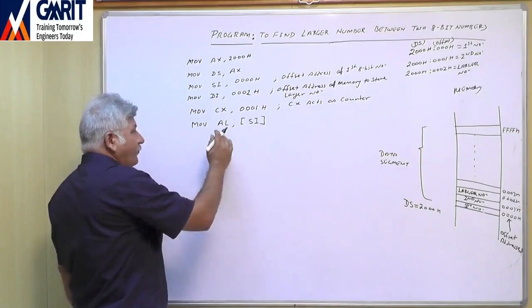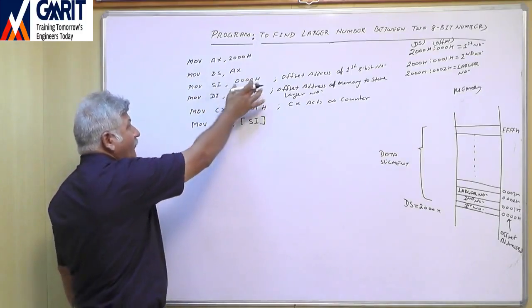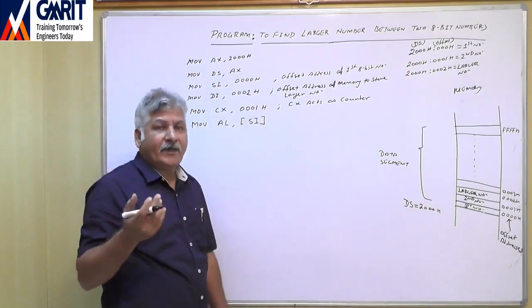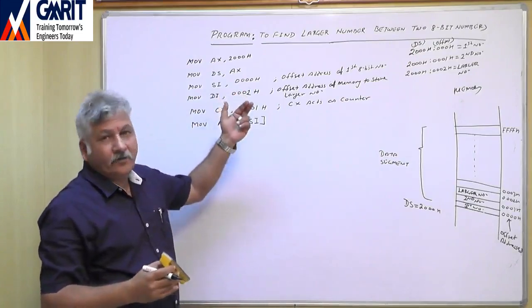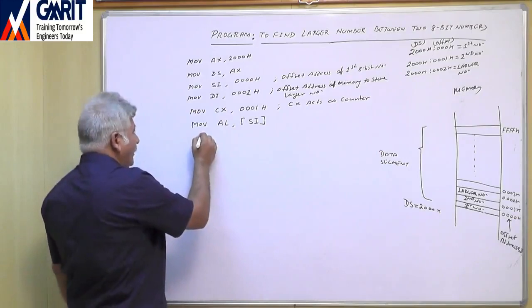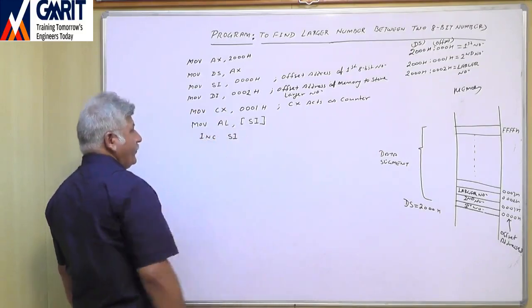After this, I will bring the address of my second number into the SI register. In SI we have 0000H, so I will increase the value of SI by 1. It will become 0001, which is the offset address of my second number. So here I will write the instruction INC SI.